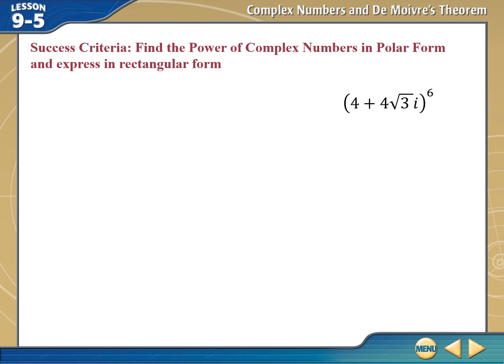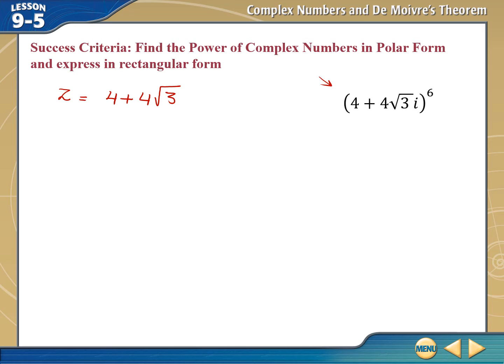So the first thing is that if any complex number is written in the rectangular form, you have to apply all the skills which you have studied before to convert it into the polar form. So in order to convert the rectangular form into polar form, the first step is that you consider this whole complex number without the power equals z.